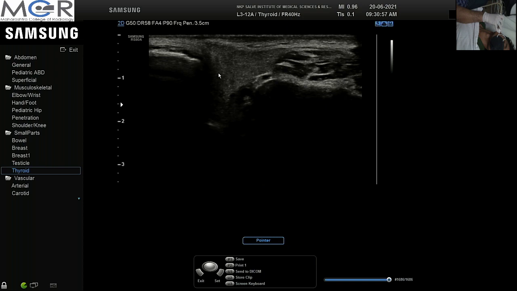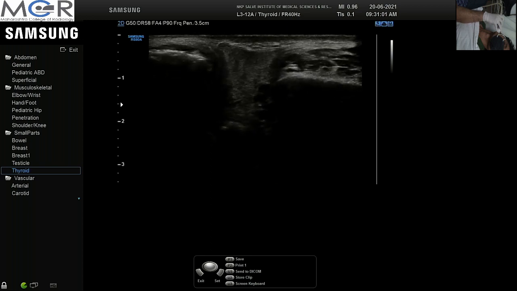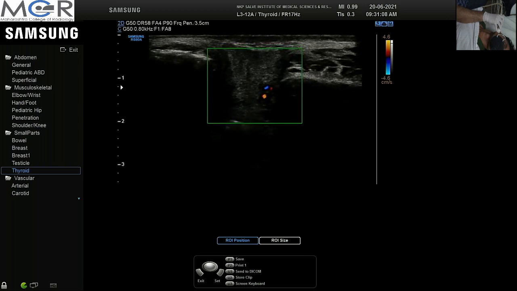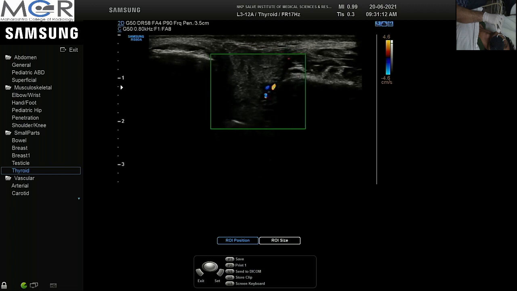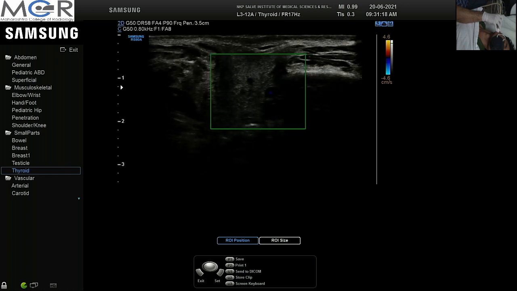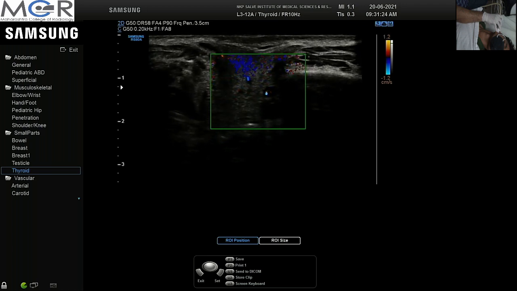The parotid gland is more attenuating, therefore the deeper portions may not be seen properly, but the important landmarks to see on this are the retromandibular vein and the external carotid artery. The retromandibular vein lies immediately behind the ramus of the mandible. Here.